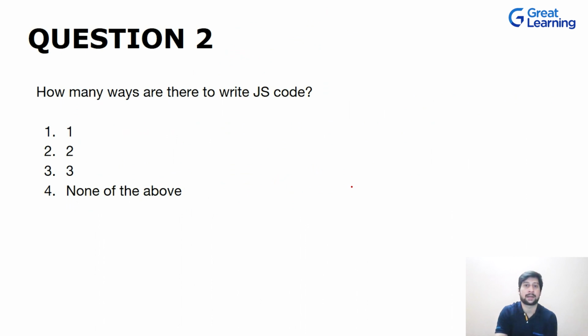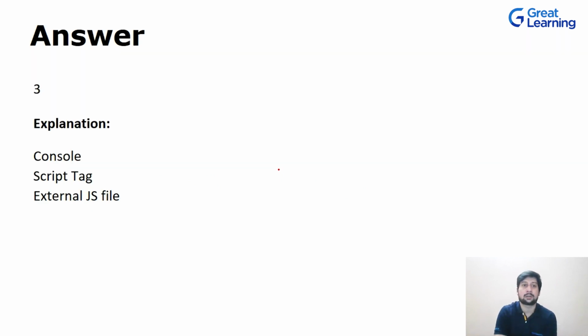Now let's move on to our next question. How many ways are there to write JavaScript code? There are a total of 3 ways. One is that you directly open your console, and this can be done in 2 ways.